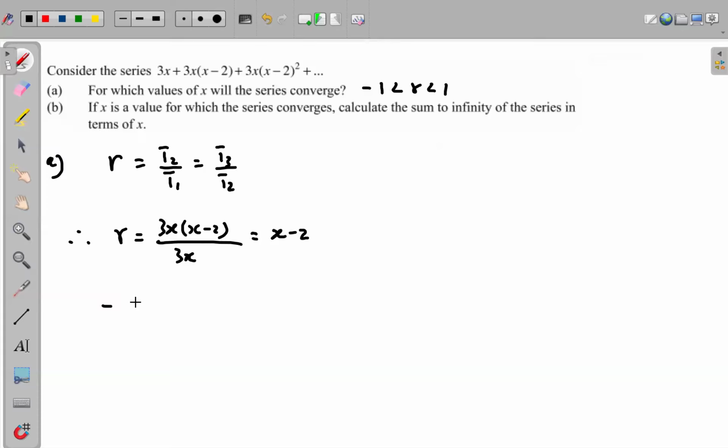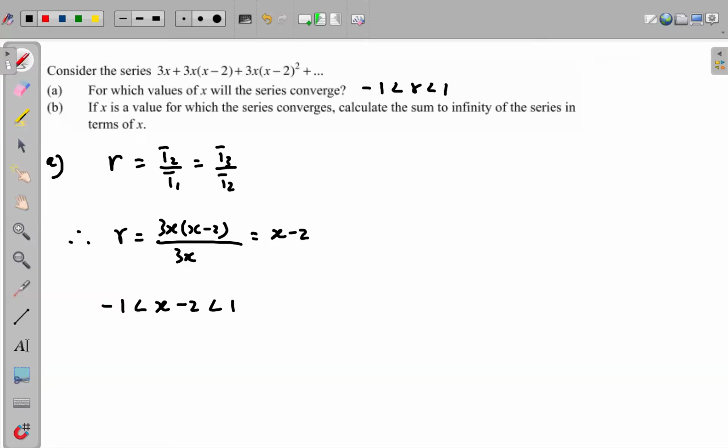So we are now faced with a situation where we are solving for x in the inequality x minus 2 between -1 and 1. Now, all we're going to do is, I think there's a grade 10 concept, where you do linear inequalities.